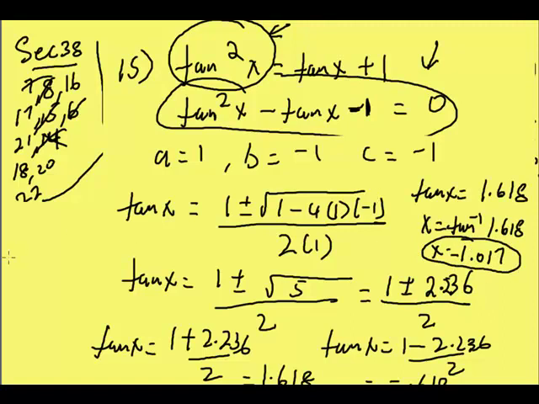Calculate this one for me. Tan of x is equal to negative 0.618. So my x is tan inverse of negative 0.618. Calculate that for me.